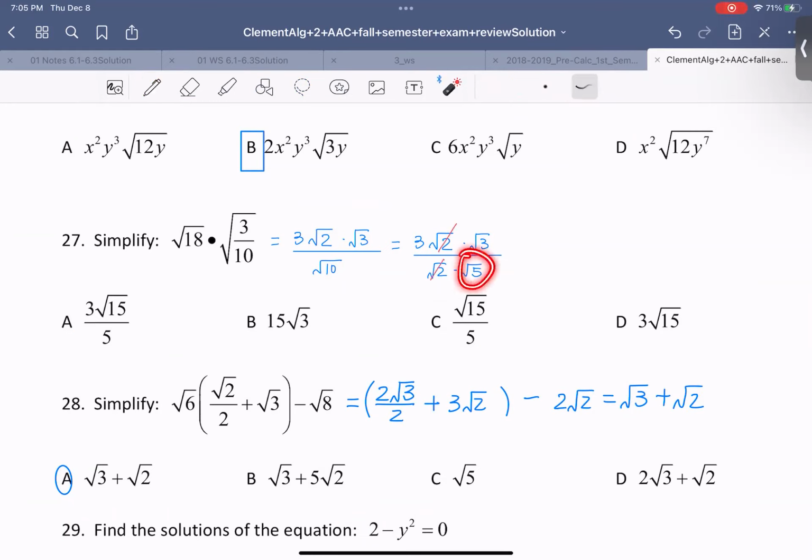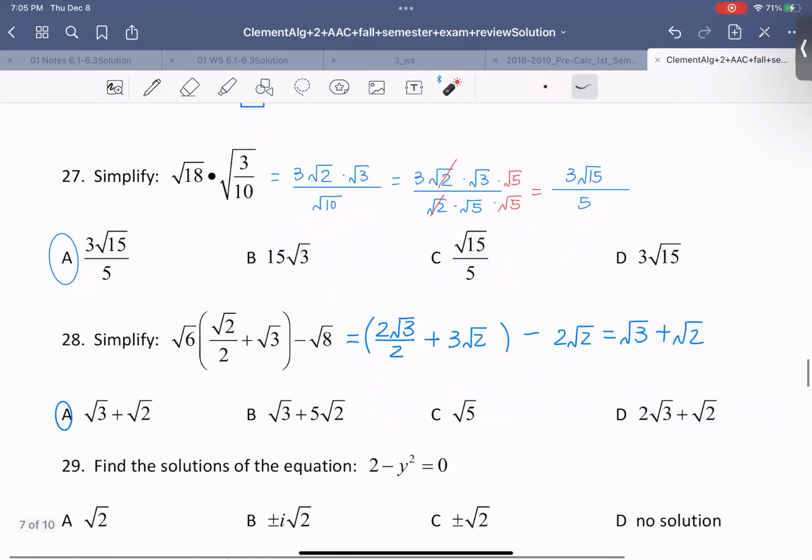This guy has square root 5, so you will times square root 5 for top and bottom, right? Yes. Okay. Then the top one becomes? 3 times square root of 15 over 5. That's it. Okay. Make sure we don't leave any radicals in the denominator.